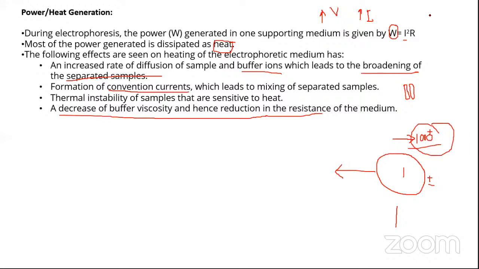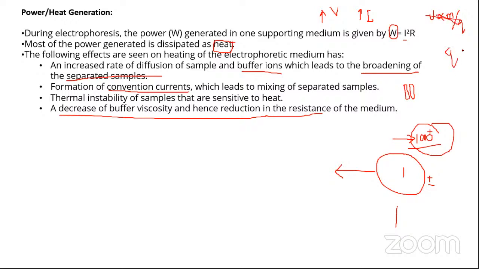Electrophoretic velocity, we actually correlated it directly with mass to charge, if you remember. And mass to charge ratio of buffer ions is too large as compared to sample ions, right? Sorry, it's not mass to charge, it's actually charge to mass.